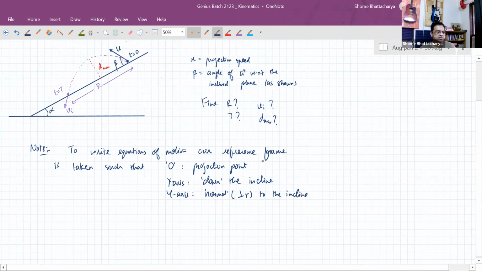But g is not along the x and y axes anymore. So the acceleration will have to be resolved. This time when we write the equations of motion, ax will not be 0 and ay will not be minus g. Both ax and ay will be non-zero quantities. So that's why we have to rewrite the equations of motion.